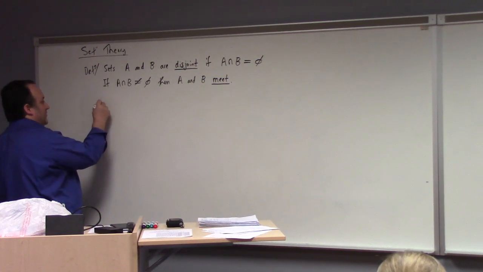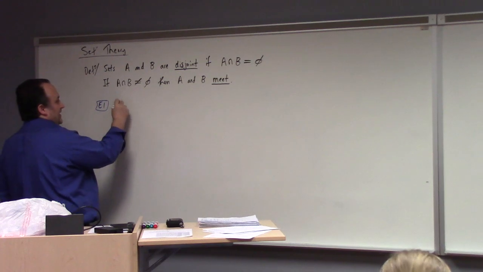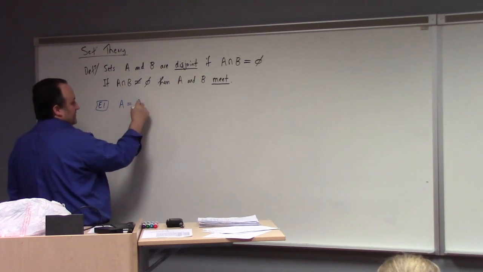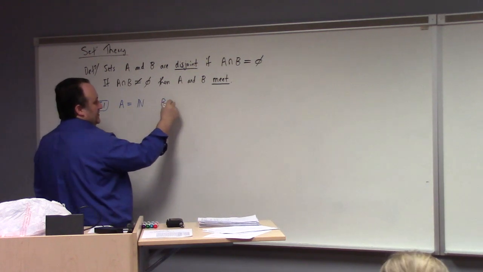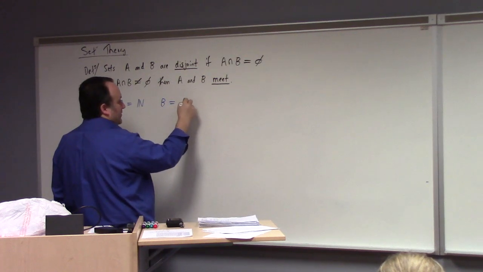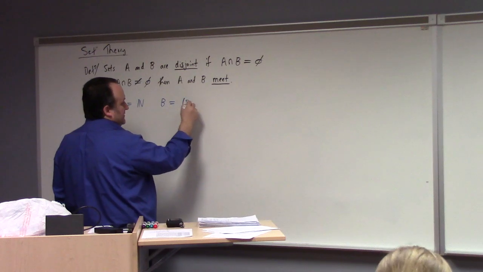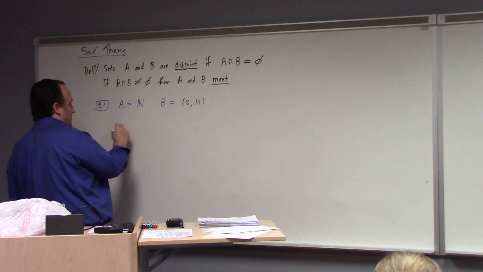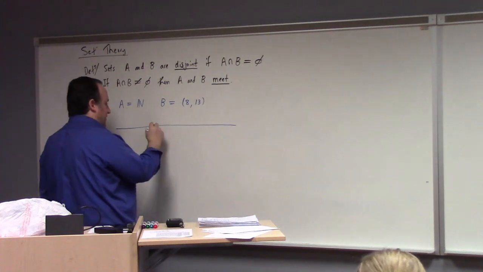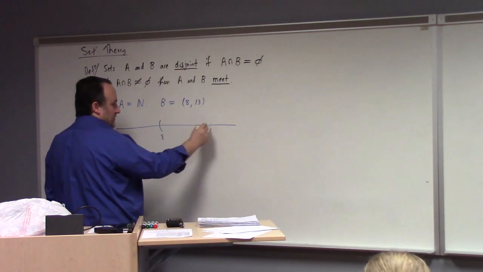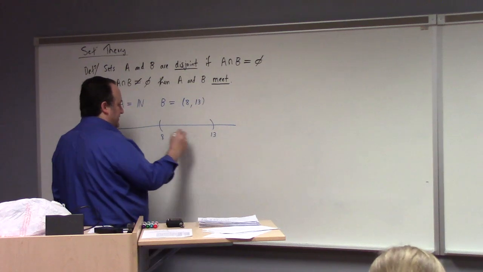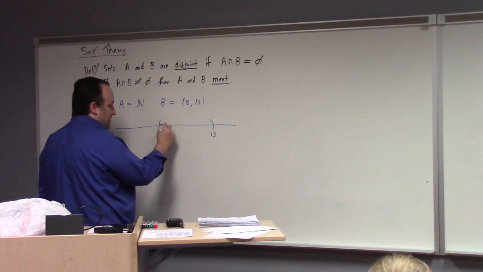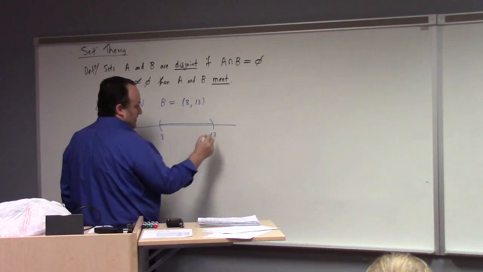So an example. Example 1, we could let A be the natural numbers, right? And we could let B be the open interval from, let's say, 8 to 13. So here's 8, here's 13. This is the open interval, so it's all the points from there to there on the number line.